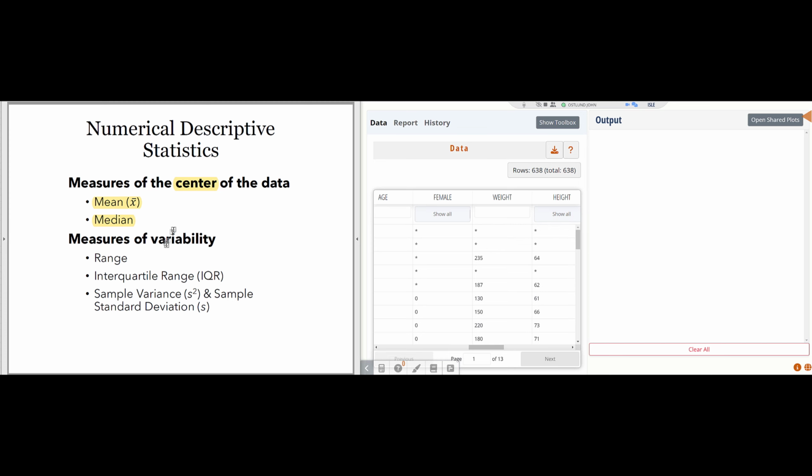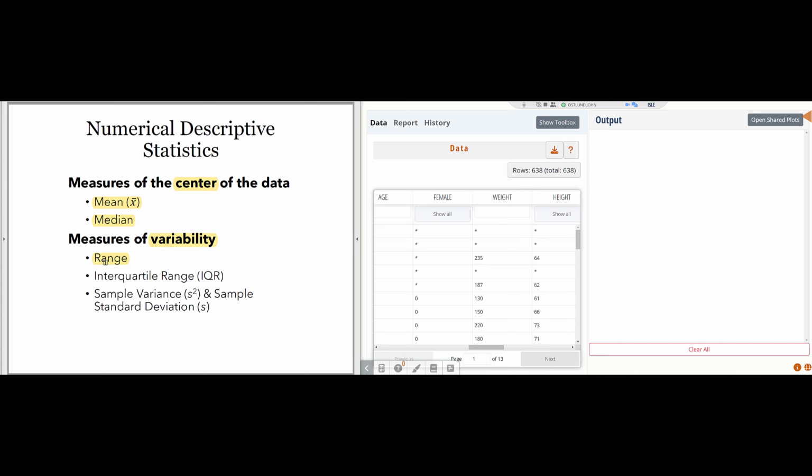In terms of measuring how the data varies about the center, one thing you can describe is just the range of the data. That is, how wide the data are from the lowest value up to the highest value.